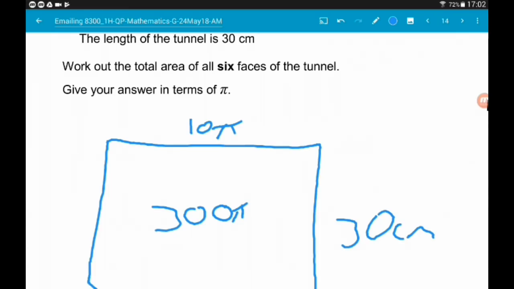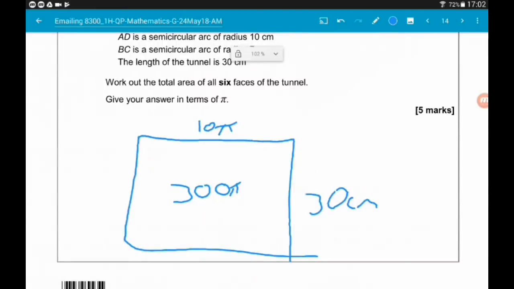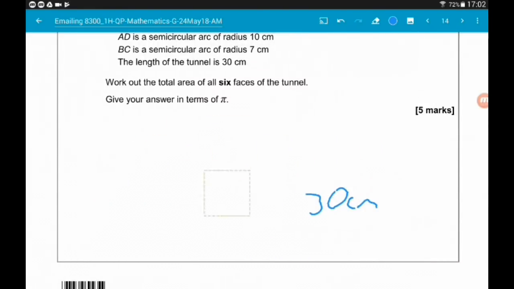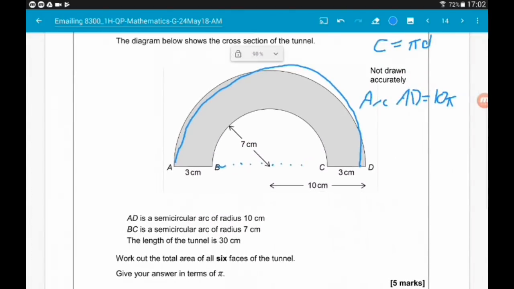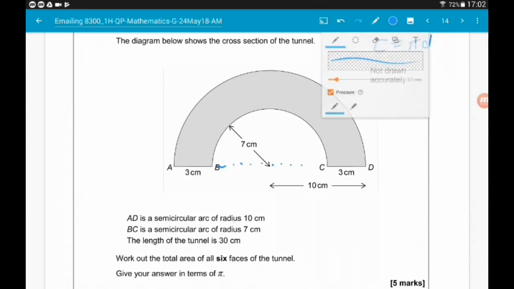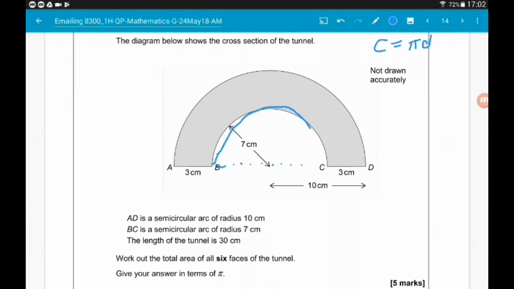Okay, now we need to do pretty much exactly the same thing, but for the inside face this time. So this time we need to find the length of this arc.